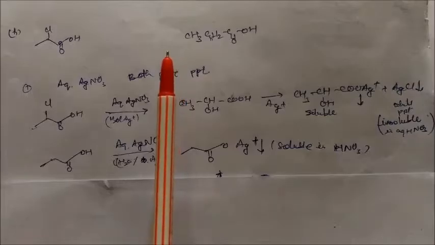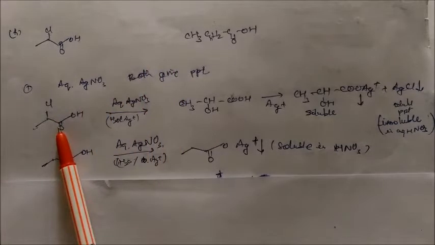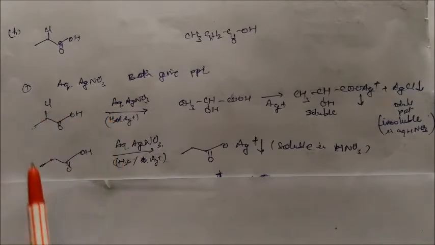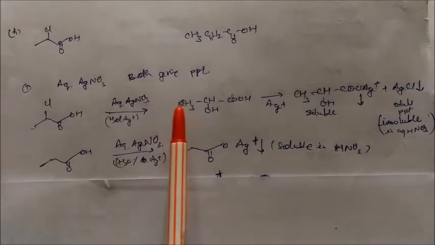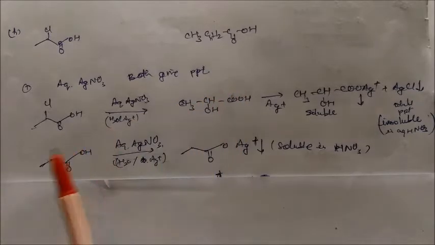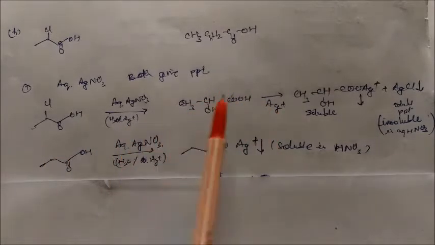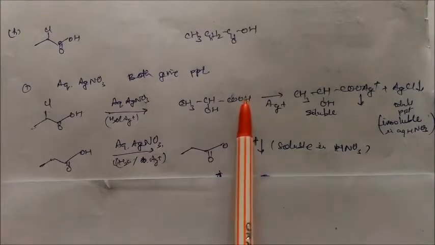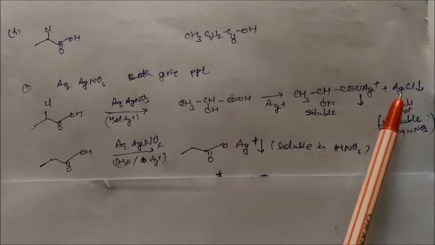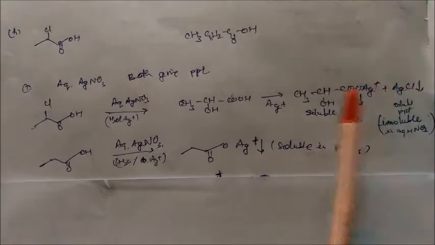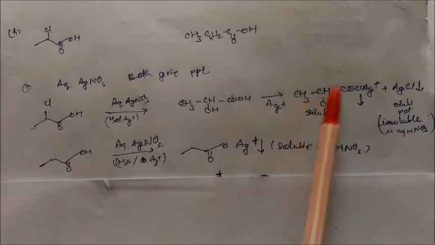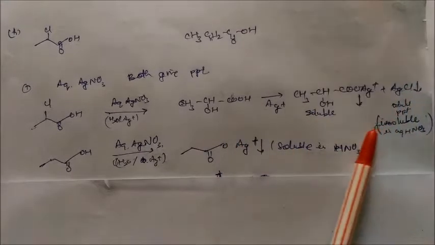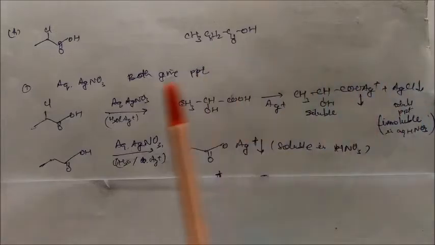In case of aqueous silver nitrate, the chlorine is replaced by OH from water. First it will form 2-hydroxypropanoic acid. Then silver will react with the carboxylic acid to give CH3CH(OH)COOAg, and the Cl is replaced, so you get AgCl. Now the silver carboxylate is soluble in nitric acid, but the white precipitate of AgCl is insoluble in nitric acid. This only distinguishes between them.